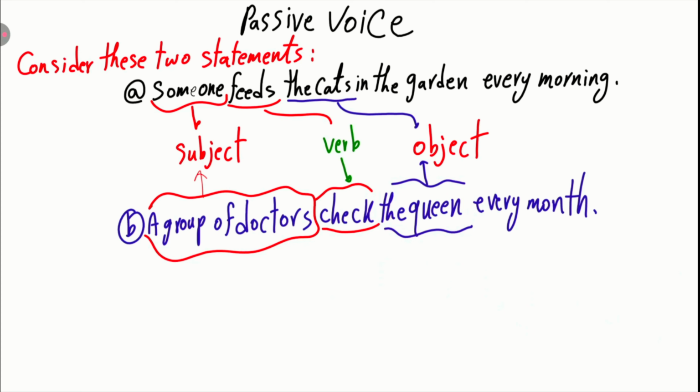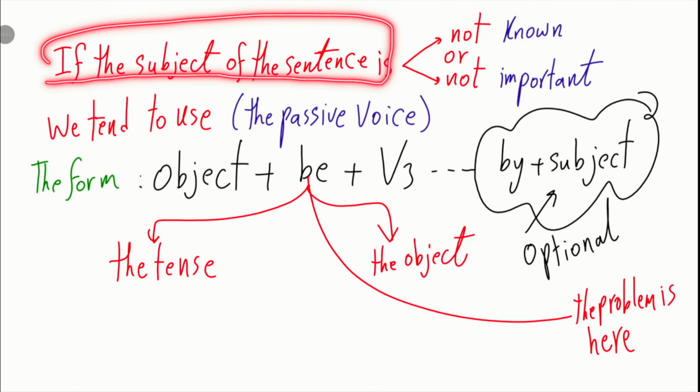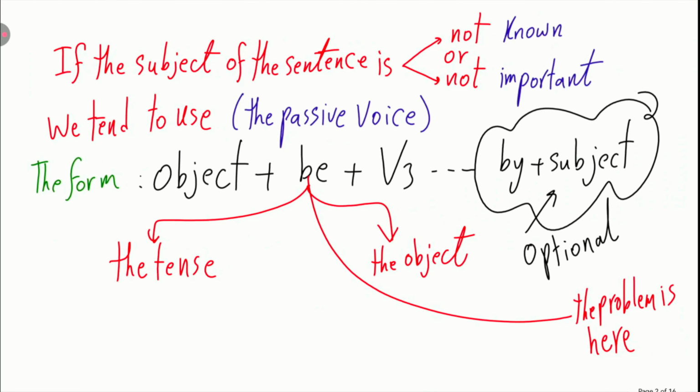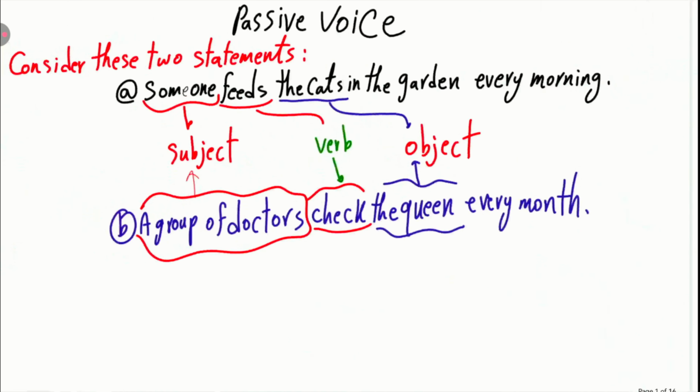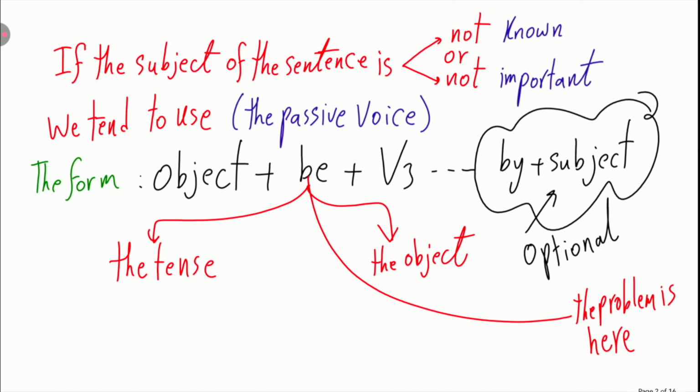The problem with this sentence is that the object is more important than the subject. So, if the subject of the sentence is either not known, like the first sentence, someone, or the subject is not important like the subject in the second sentence, we use passive voice.